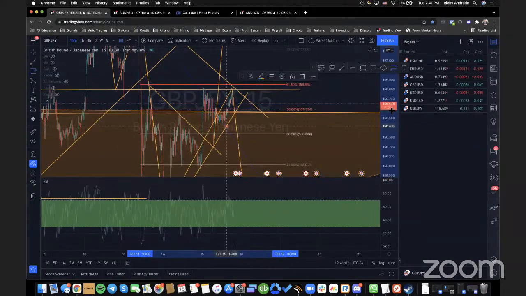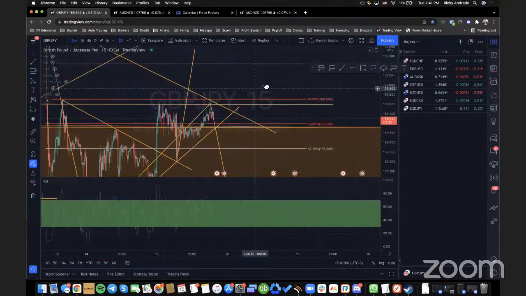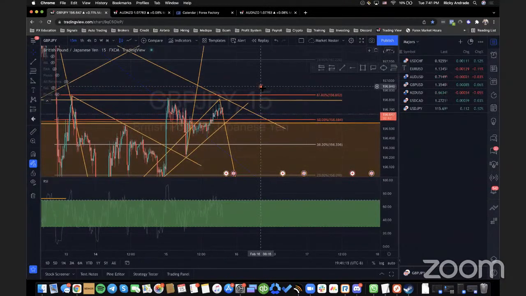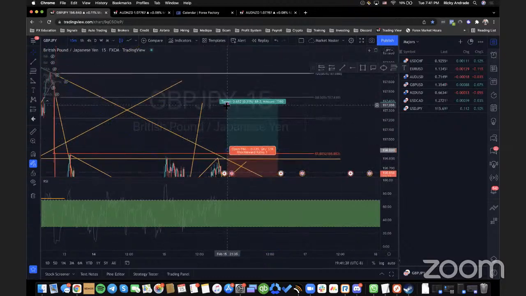And all right, so I think this one is one of those where you can place two trades, two pending trades, just because it can either go up or it can go down. So the first trade could be entry here, aiming for about there.